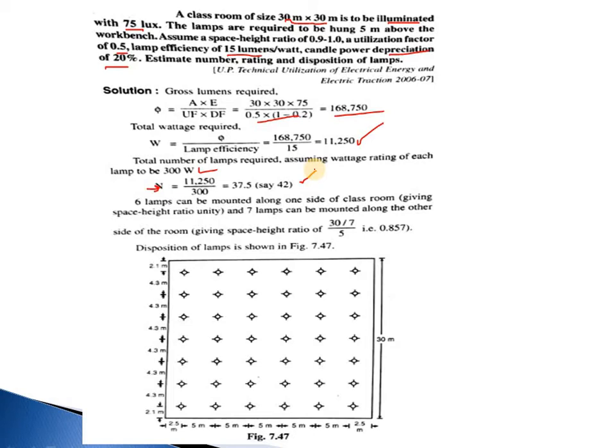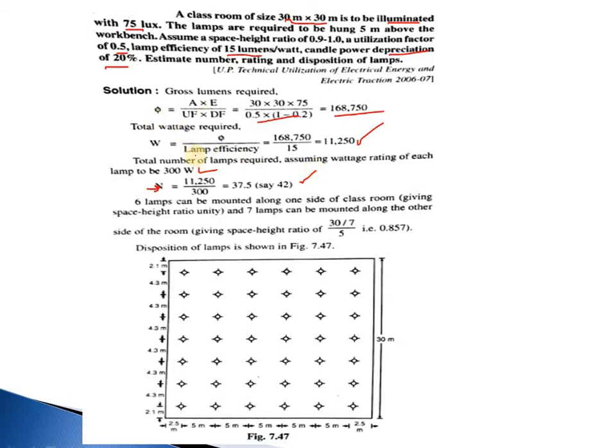Now 6 lamps can be mounted along one side of the classroom, giving the space to size ratio, and 7 lamps can be mounted along the other side of the room, giving a space to size ratio of 30 divided by 7 divided by 5.